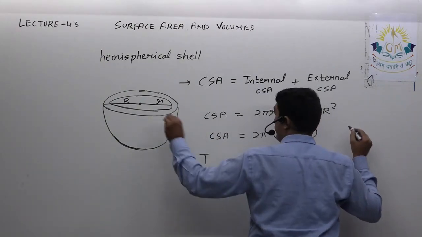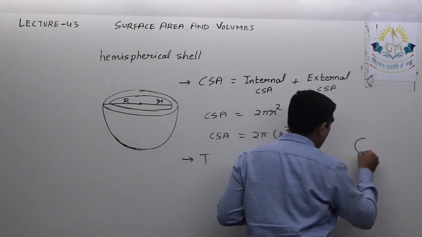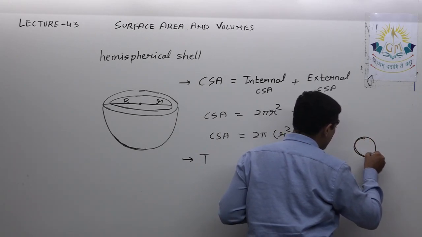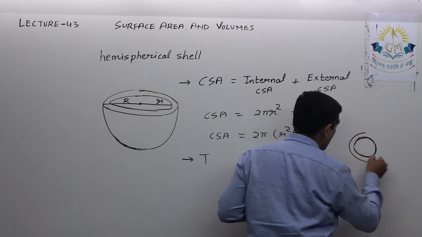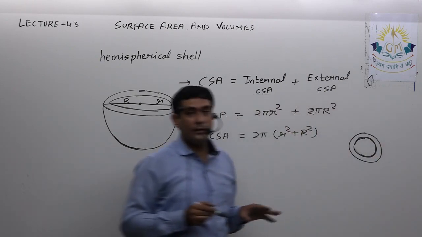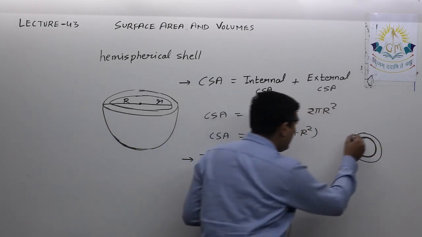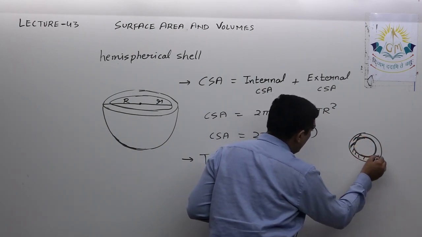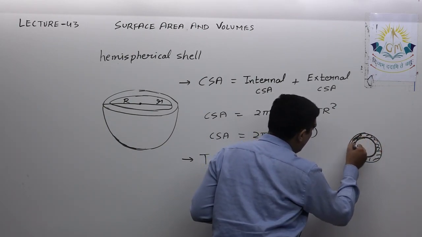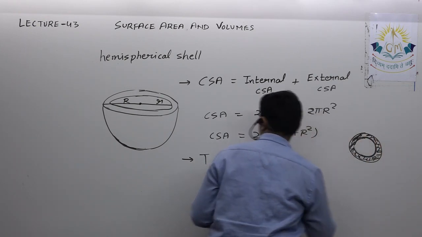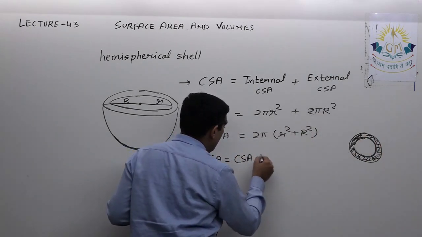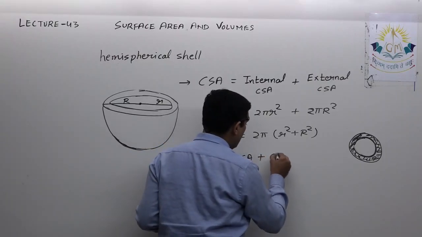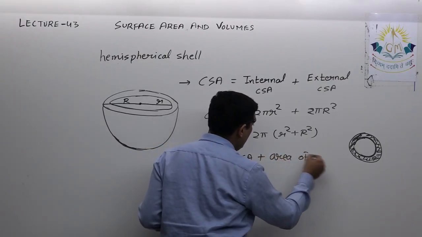If I give you the top view of this hemisphere, again you will find concentric circles, and we have to add this as a flat surface. So TSA is CSA plus area of ring.